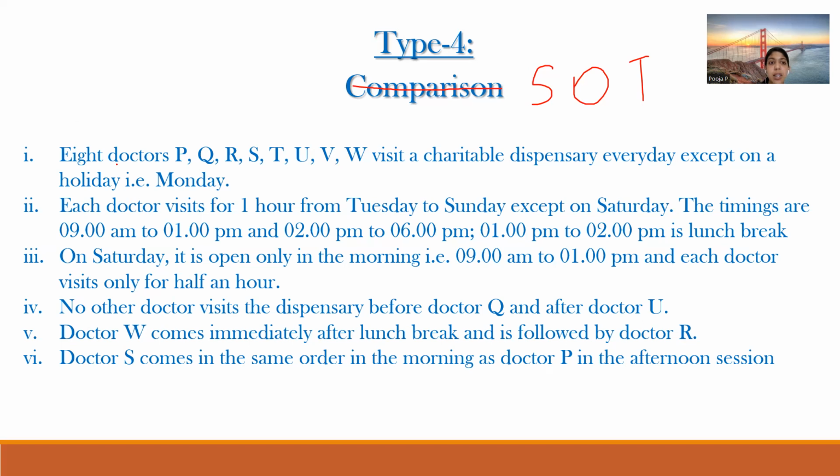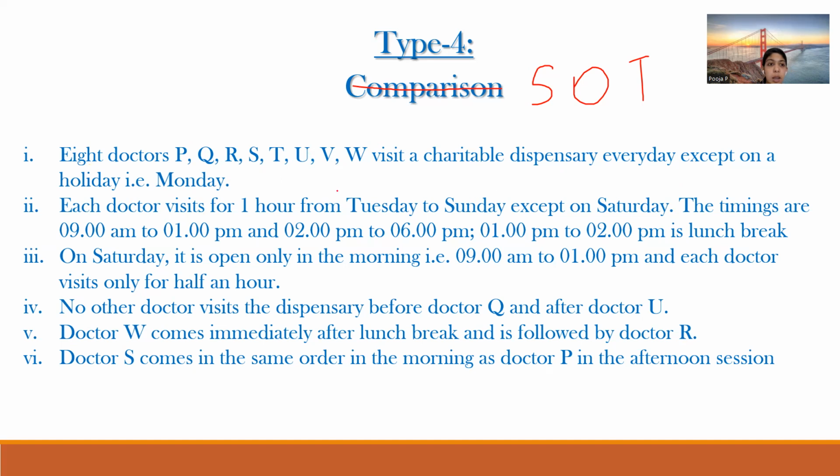So the example says, 8 doctors P Q R S T U V W visit a charitable dispensary every day except on a holiday, that is Monday. So for the charitable dispensary, the holiday is on a Monday. So your timetable should range for these doctors anywhere between Tuesday to Sunday. Each doctor visits for 1 hour from Tuesday to Sunday except on Saturdays.